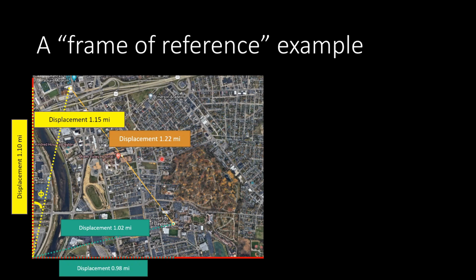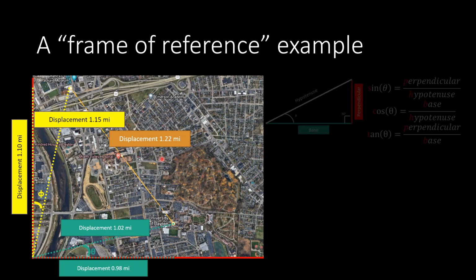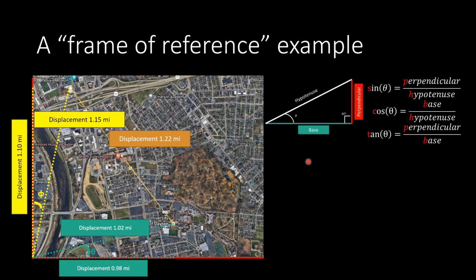Going back to the original equations for sine theta, cos theta, tan theta, I can find these angles phi and theta, which have just popped up. For the displacement to University of Dayton from the starting point, cos theta is equal to, because I've got two measurements, the base and the hypotenuse, I can only take cos theta, which is 0.98 for the base divided by the hypotenuse, 1.02.